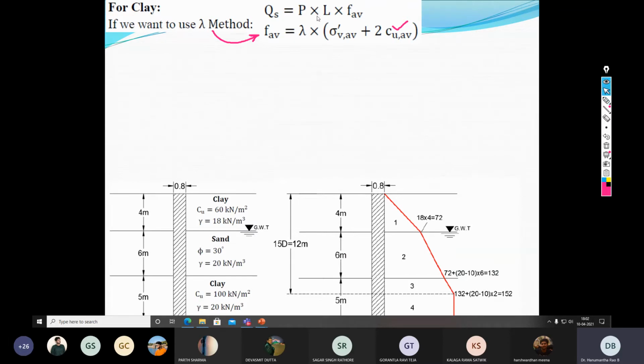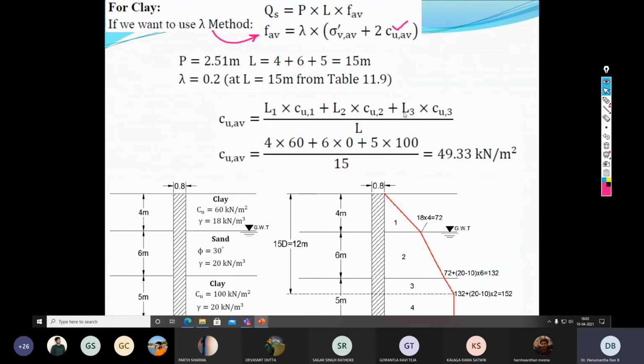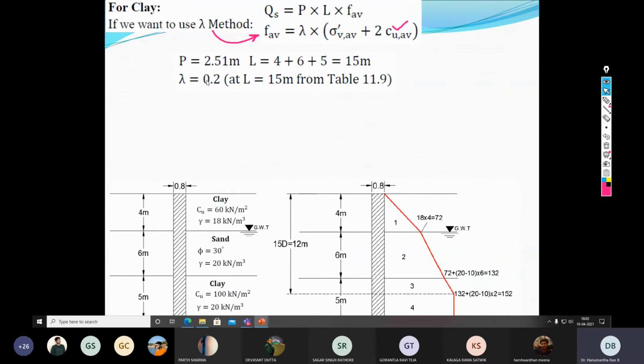So the QS equation is P into L into F average, the surface area multiplied by the unit skin friction. P, 2.51, we have already calculated, and the total length of the pile is 4 plus 6 plus 5, that is 15 meter. And we know there is a table available.